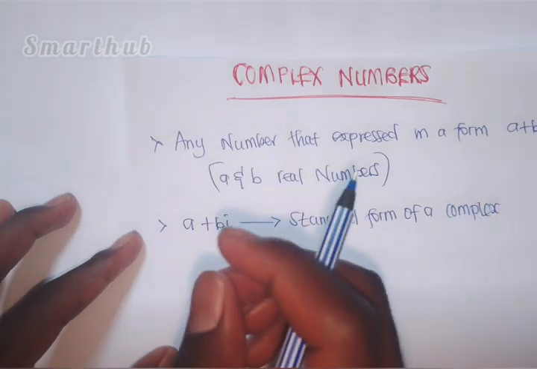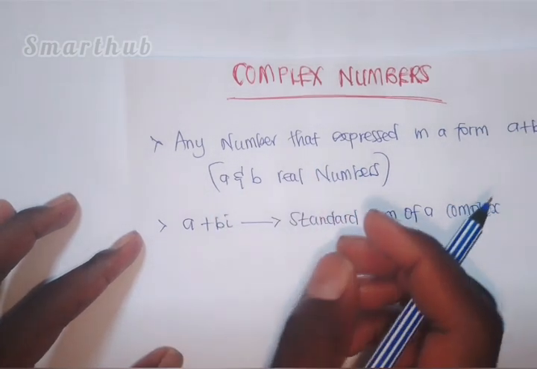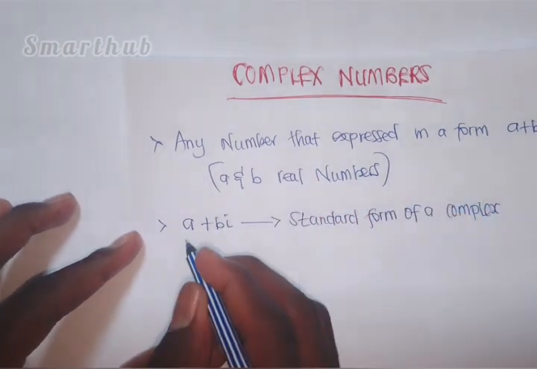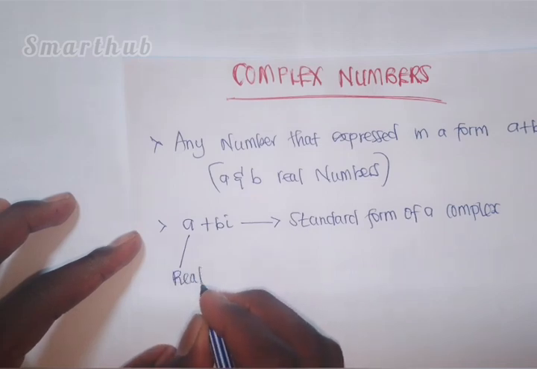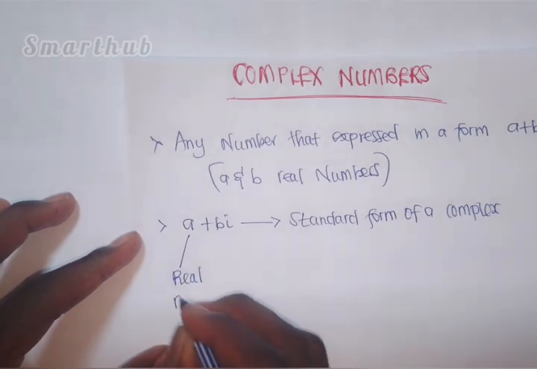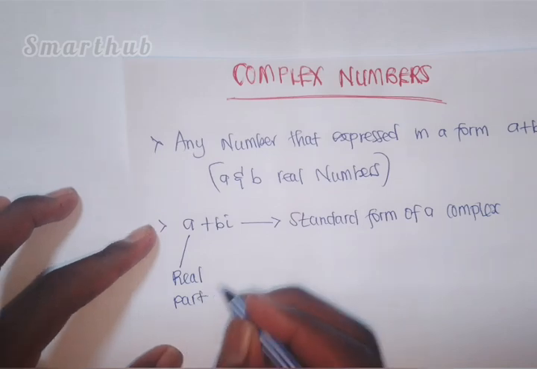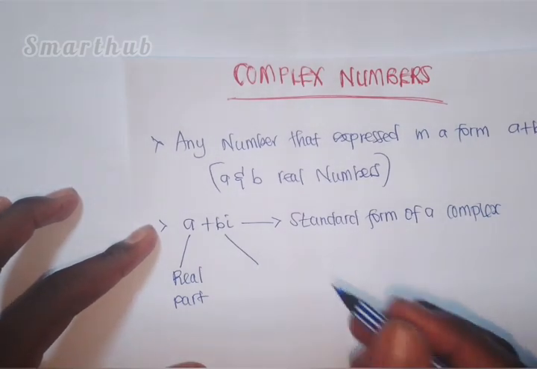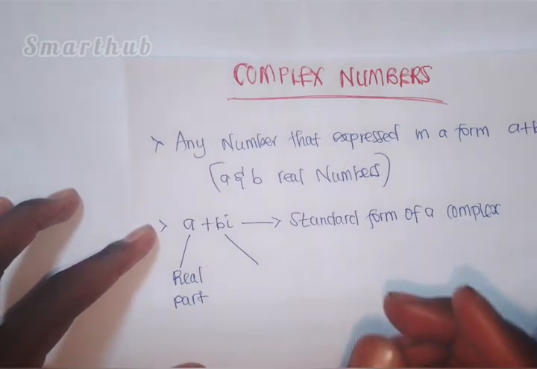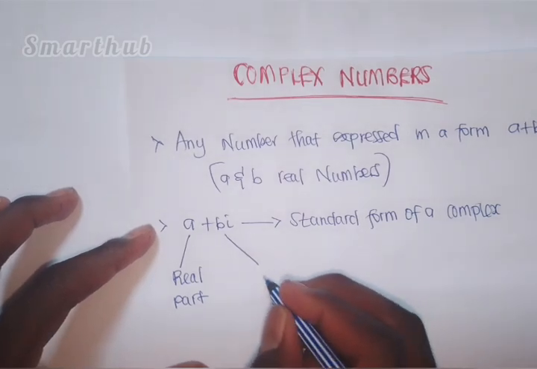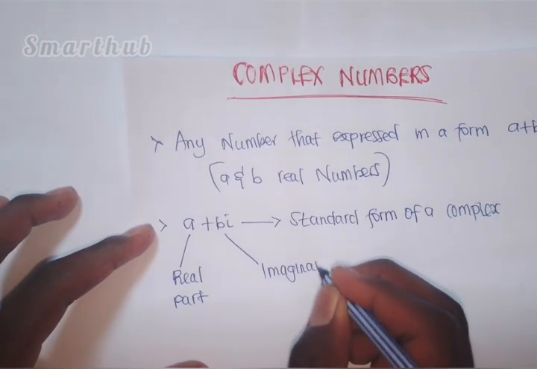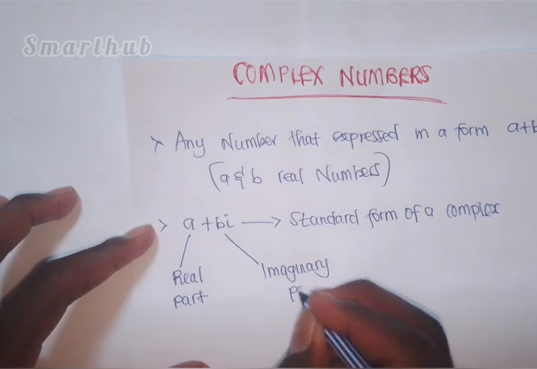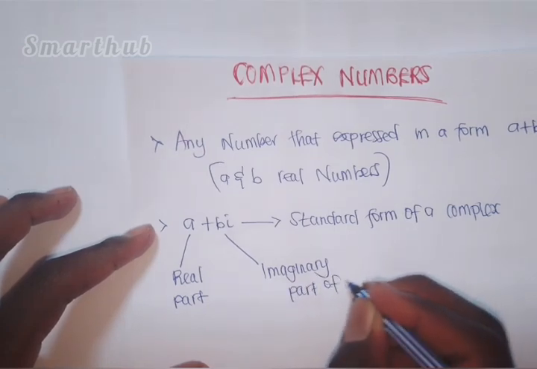Then this a is called the real part of a complex number. Then this b is called the imaginary part of a complex number.